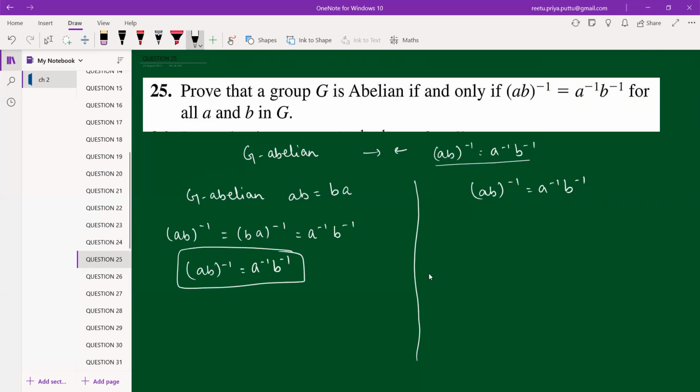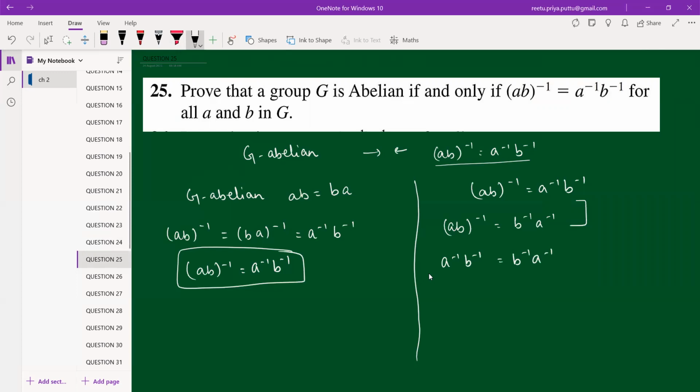Now we have considered AB whole inverse equal to A inverse B inverse, and we have to show that AB is equal to BA. From the sock-shoe property, we know that AB inverse is equal to B inverse A inverse. So we can write A inverse B inverse is equal to B inverse A inverse.